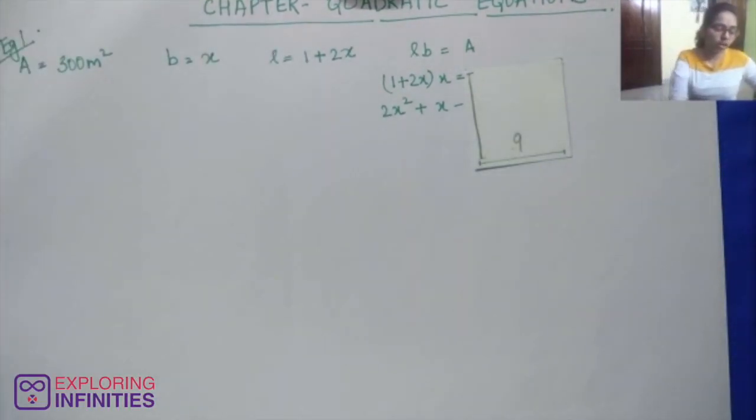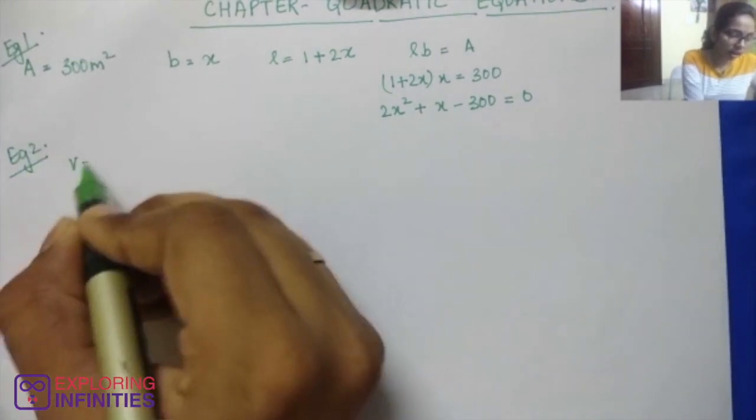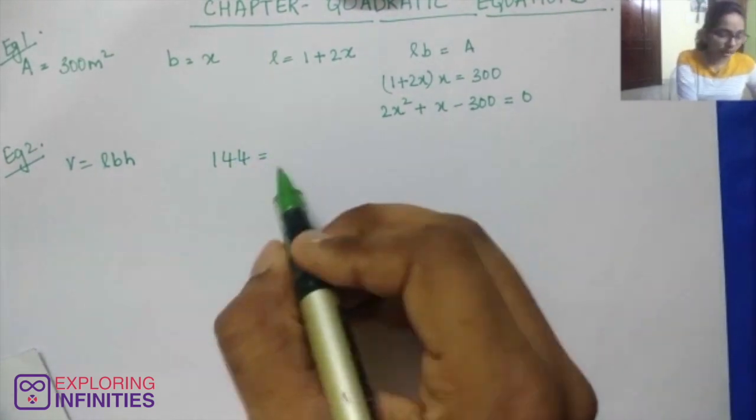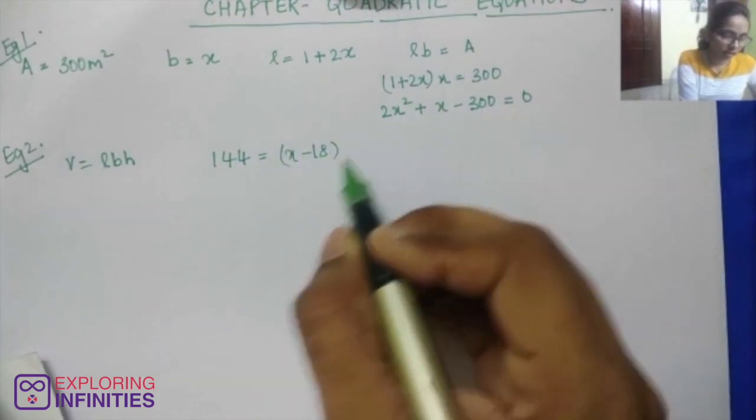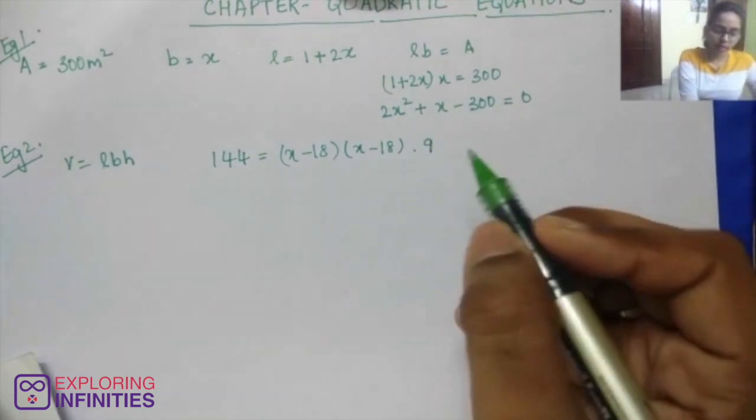So you have the equation volume equals LBH. So 144 is equal to x minus 18 into x minus 18 multiplied by 9, which was the height.